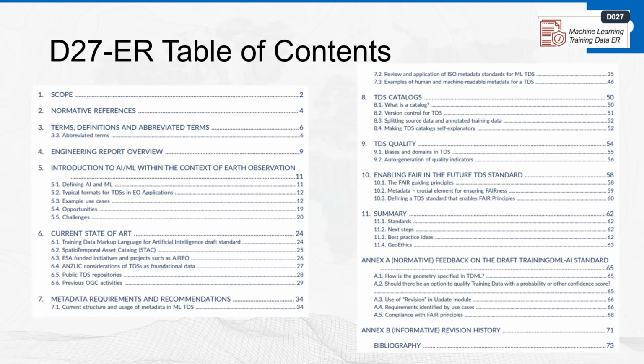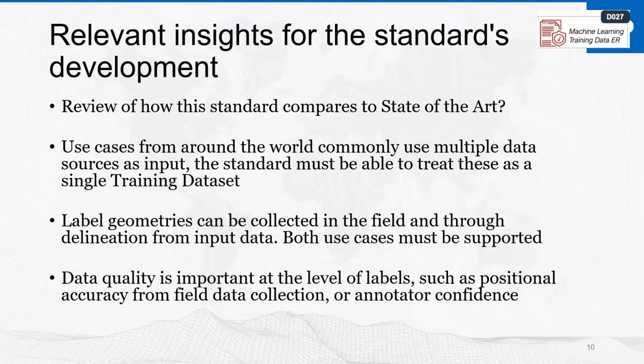These requirements relate to metadata, to quality definition, and to cataloging, all of these together. And we've completed the task with a set of recommendations to future standardization, so not only training DML AI, but its new versions or any other related standard that might be in development.